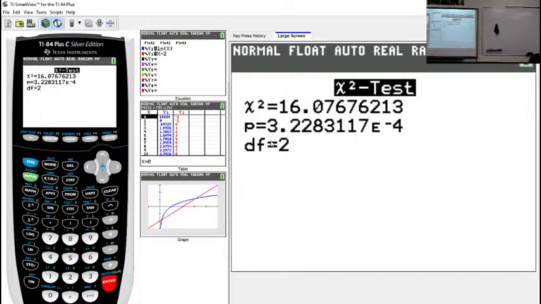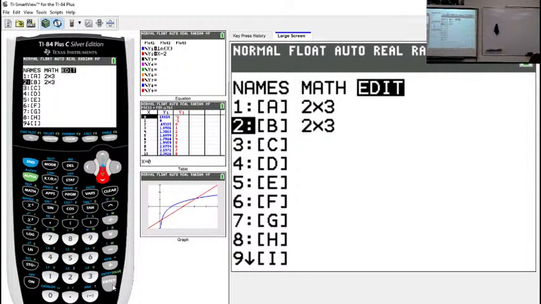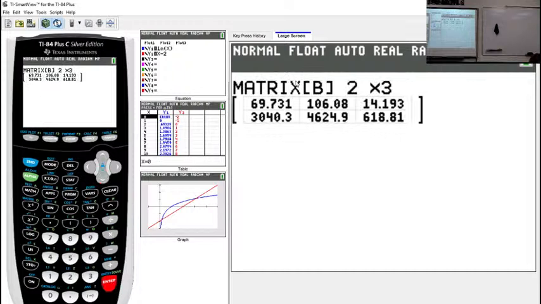There's chi-square statistic. Degrees of freedom is 2. That's number of rows minus 1 times number of columns minus 1. Make sure you put that in your step 3. And then if I go over to matrix B, I can go down and see, oh, there's my expected counts. I would say show how you're getting degrees of freedom.